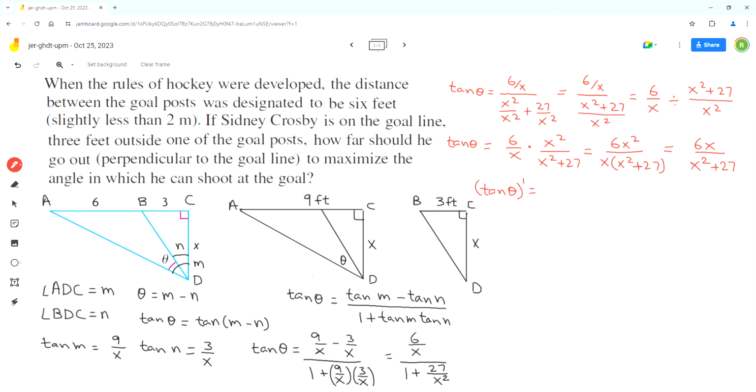As per the quotient rule, we write the expression in the denominator times the derivative of the numerator expression. The derivative of 6x will be just 6, minus the numerator expression times the derivative of the denominator expression, over the square of the denominator.